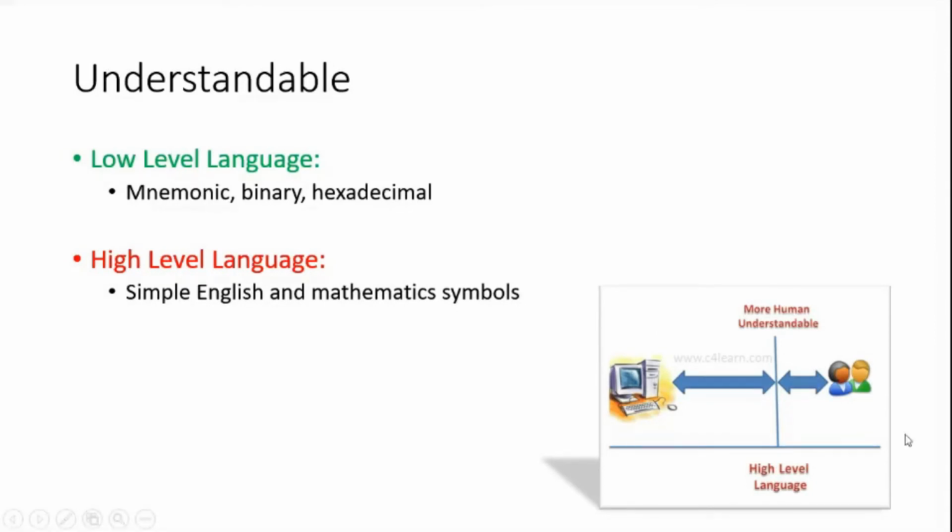So this particular picture represents what is what. The right side represents the high-level language and the left side represents the low-level languages. The low-level language is understood by the computers, but the high-level language is understood by human beings. That's the difference.